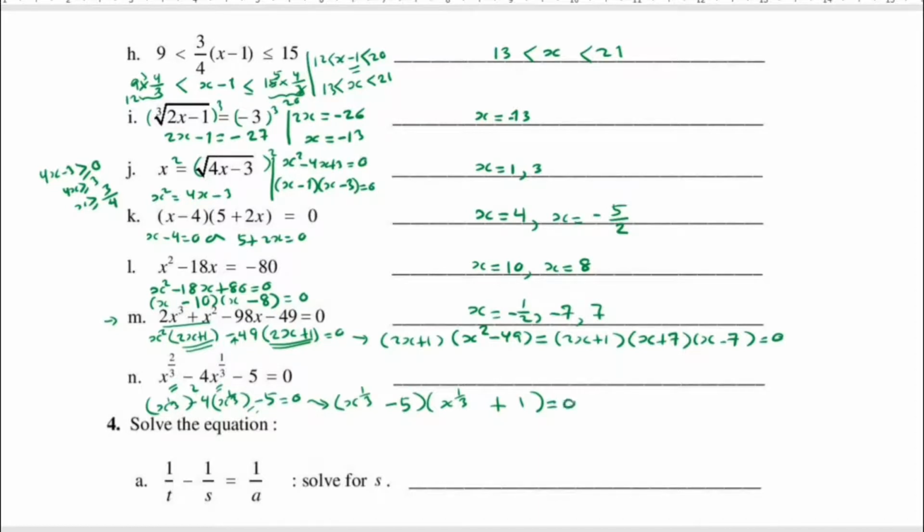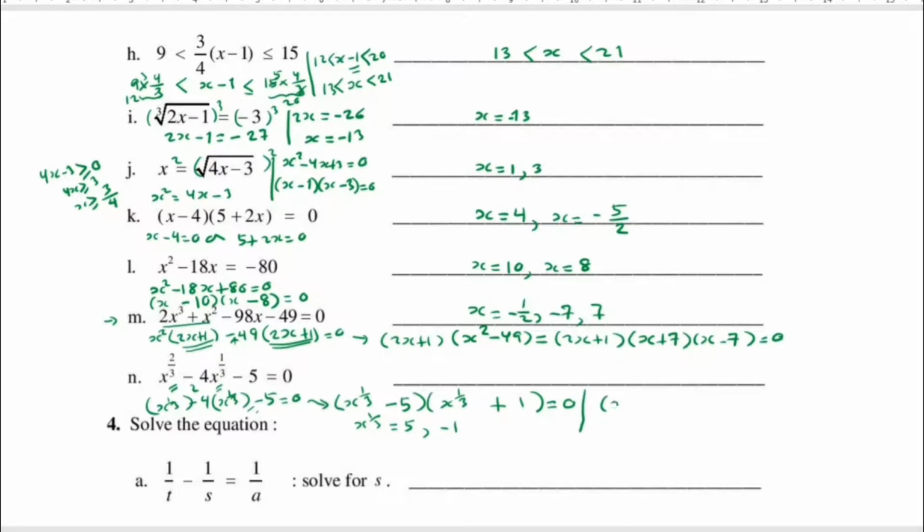By the zero factor property, h to the power 1/3 minus 5 is 0, h to the power 1/3 is 5. h to the power 1/3 plus 1 is 0, or h to the power 1/3 is negative 1. But what we want is h.